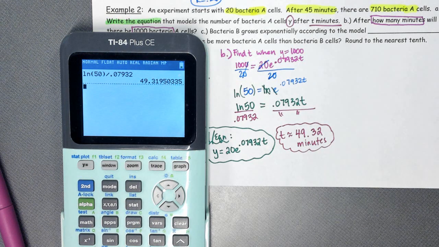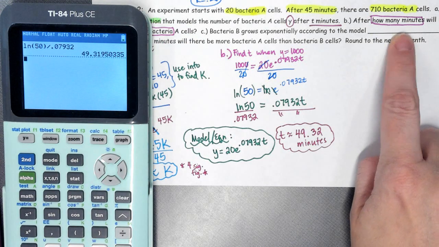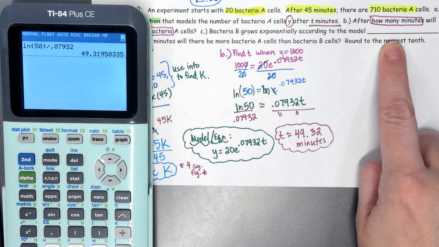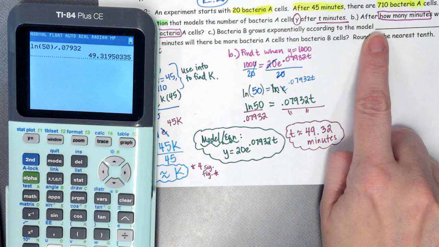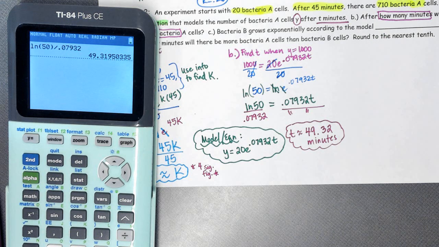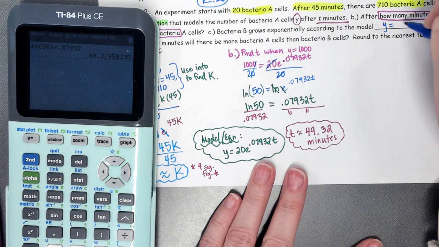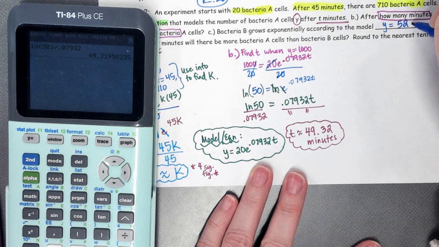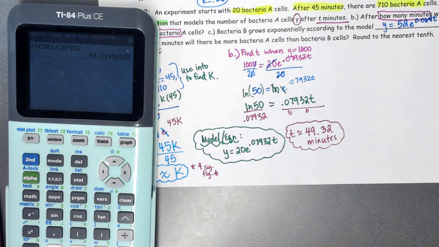And then for the last one, this is something that's given to you. Bacteria B grows exponentially according to the model, and they are giving you this model of y equals 52 e to the power of 0.064 t.